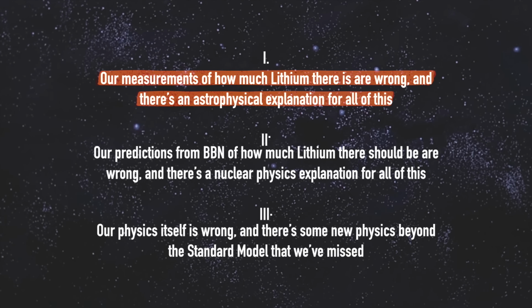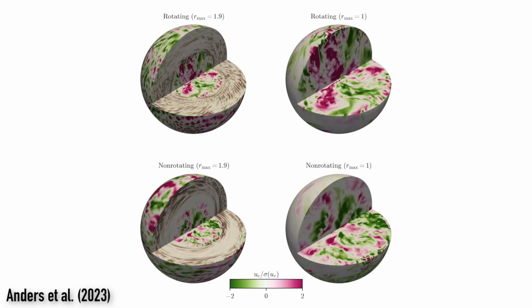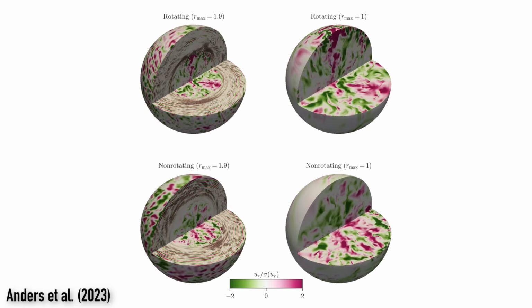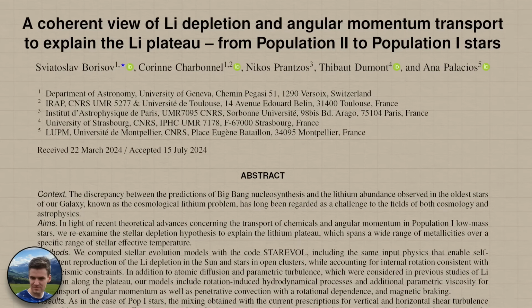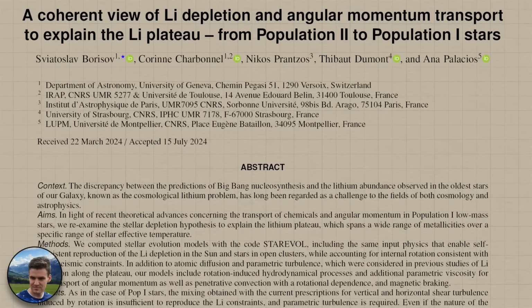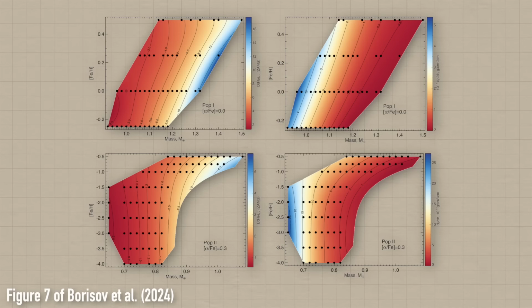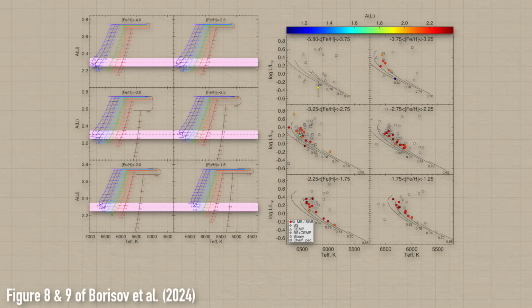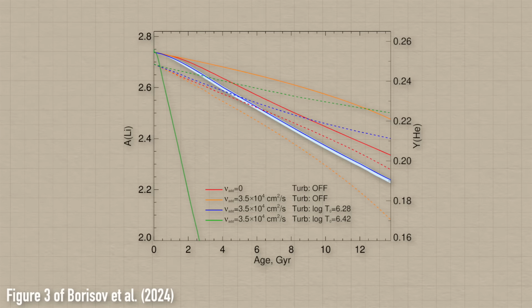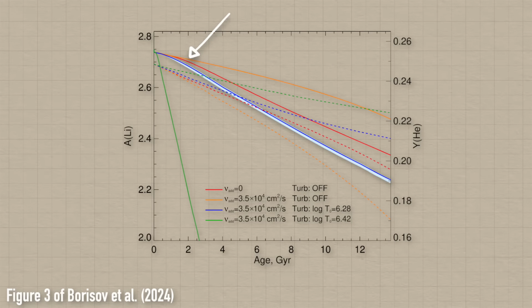So let's start with the astrophysics solutions. For example, it could be that lithium is actually gradually destroyed in stars' atmospheres over their lifetimes, dragged down towards the very center where it's used up in fusion. And recent detailed simulations from Borisov and collaborators in 2024, which included the proper mixing of elements with convection and turbulence and all the chaos going on inside a star that lead to changes in temperature and what can fuse where, actually showed that the amount of lithium does drop over a star's lifetime.